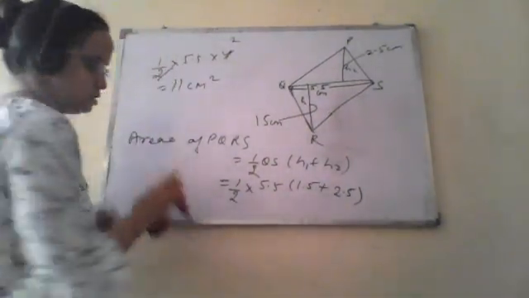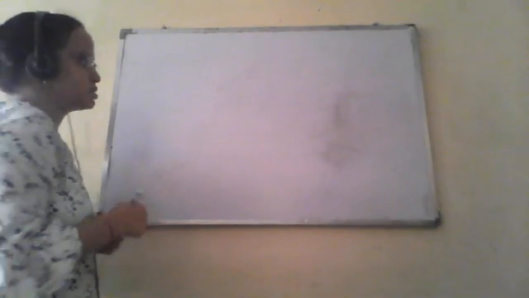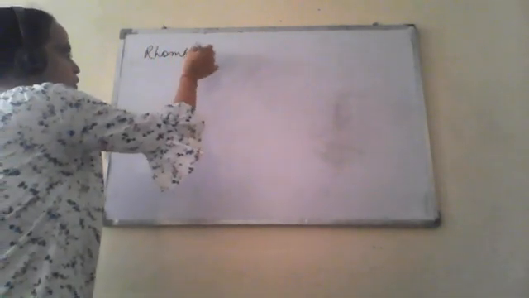The next special type of quadrilateral we have is the rhombus.